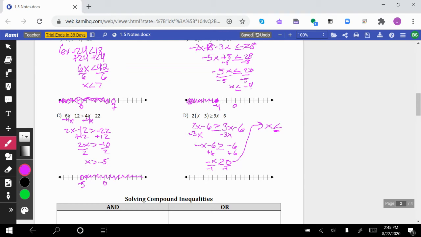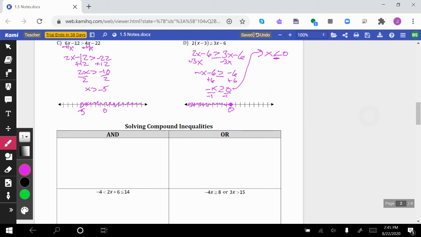So x is less than or equal to 0. So I'm going to plot my 0. It gets a shaded circle because it's less than or equal to. And then I'm going to shade to my left because we're looking for values that are less than or equal to. Okay?